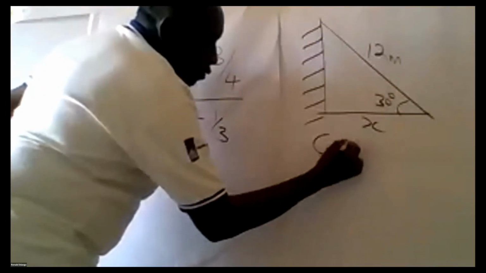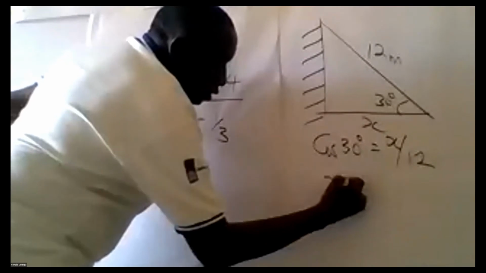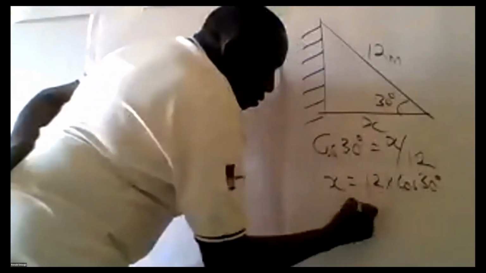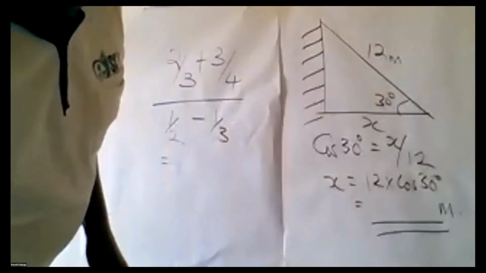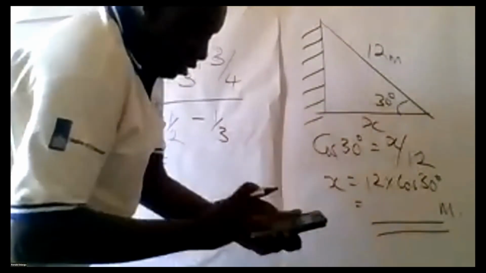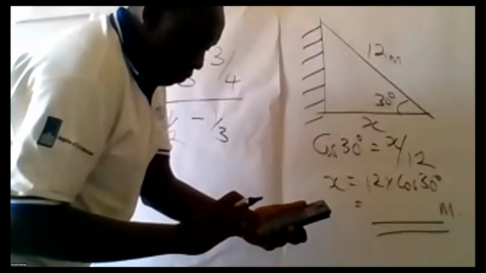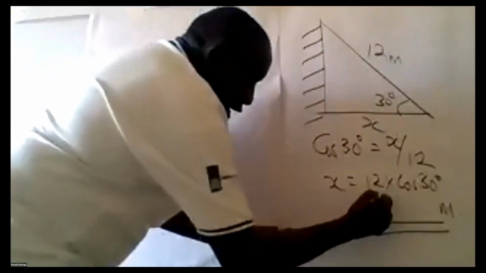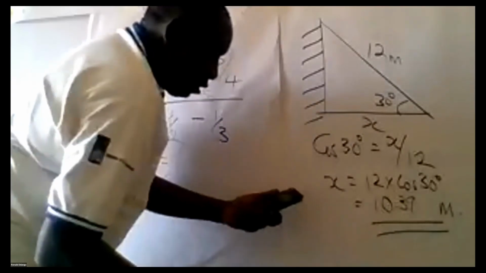The cos of 30 degrees is x out of 12. So x is 12 times cos 30. Then you pick your calculator and you tell us cos 30 times 12 is equal to 10.3923.